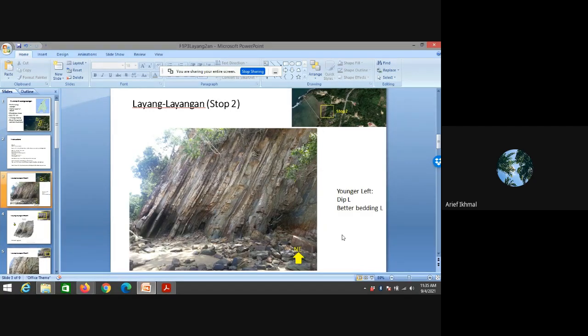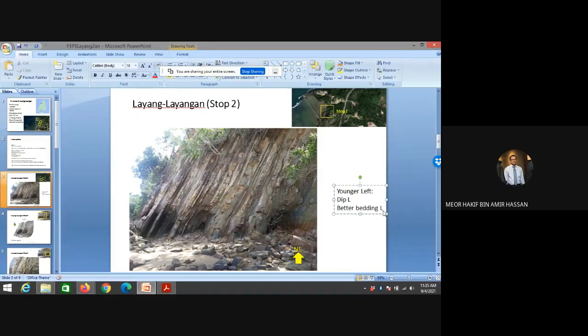Doctor, can we use the load cast to indicate the younging direction? Okay, can you explain further? The load cast will point downwards due to gravity. Okay.